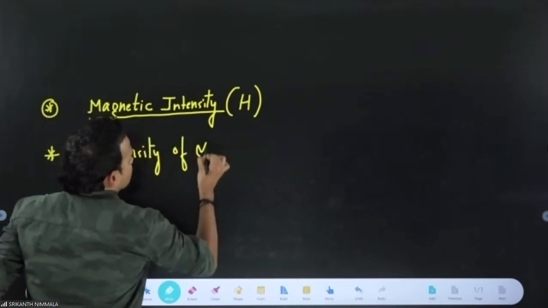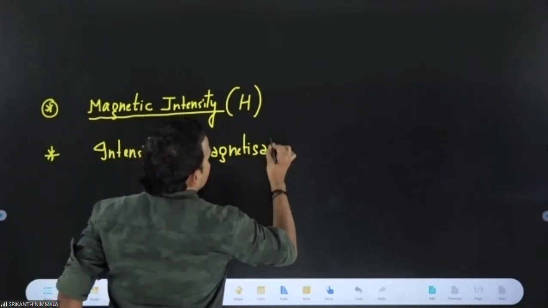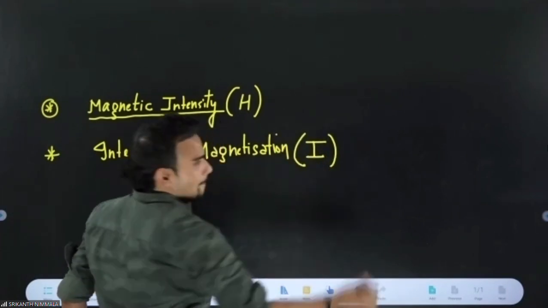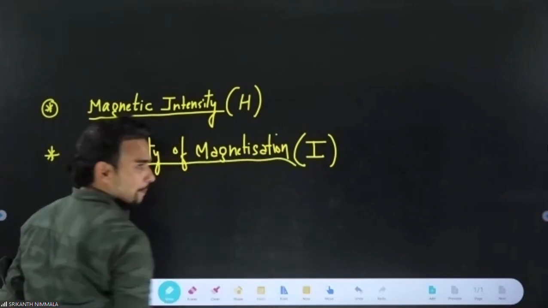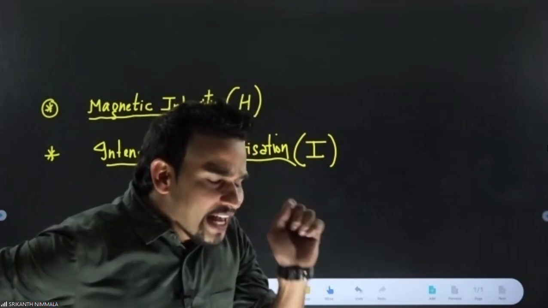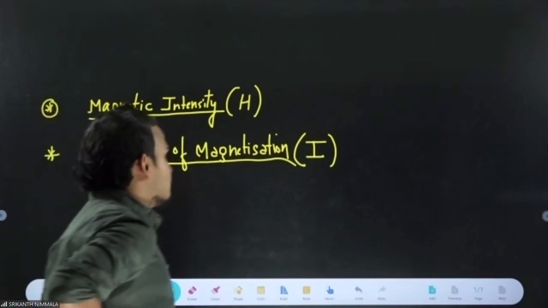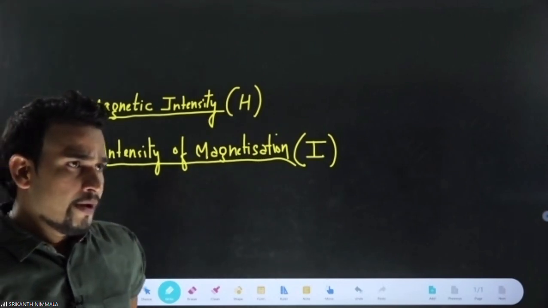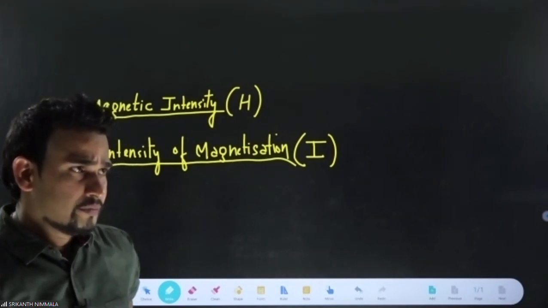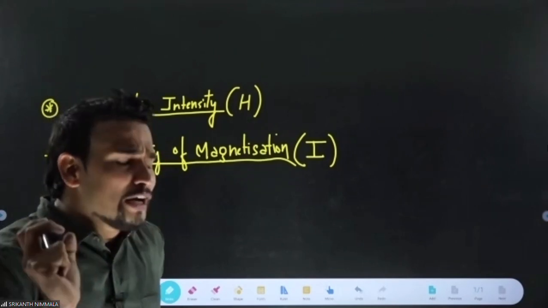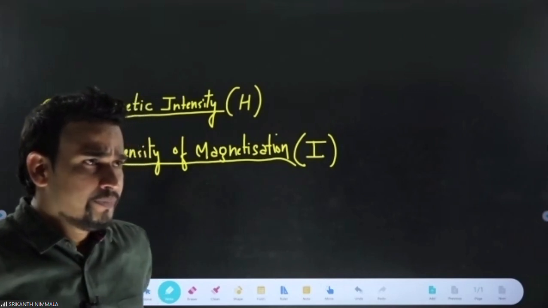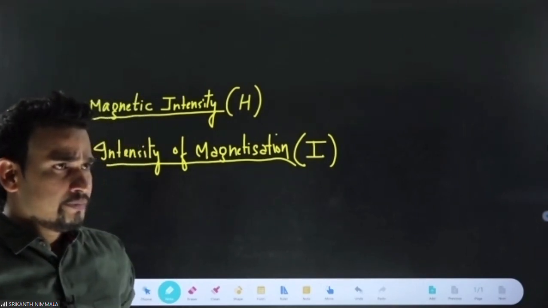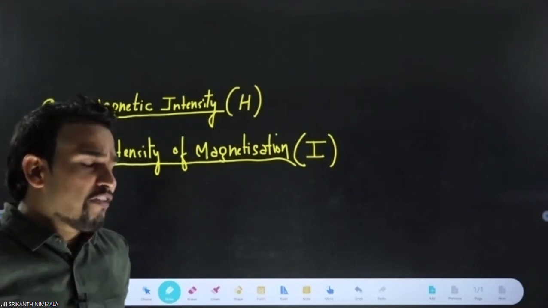Intensity of magnetization, and we represent this by capital I. You write, it is associated with magnetism which is developed in a body under the effect of applied external field H.